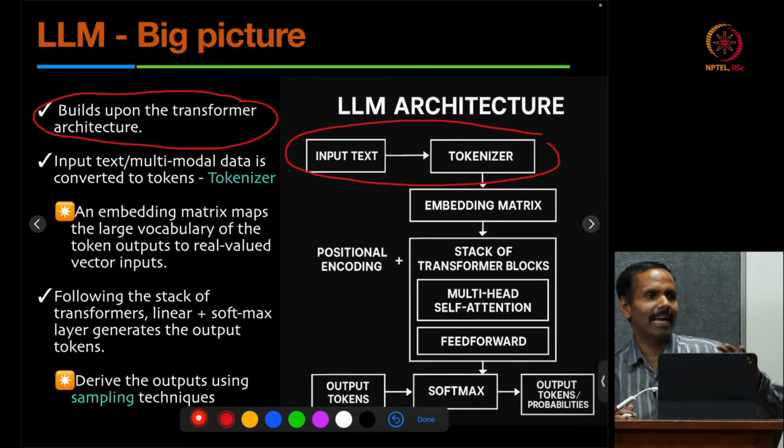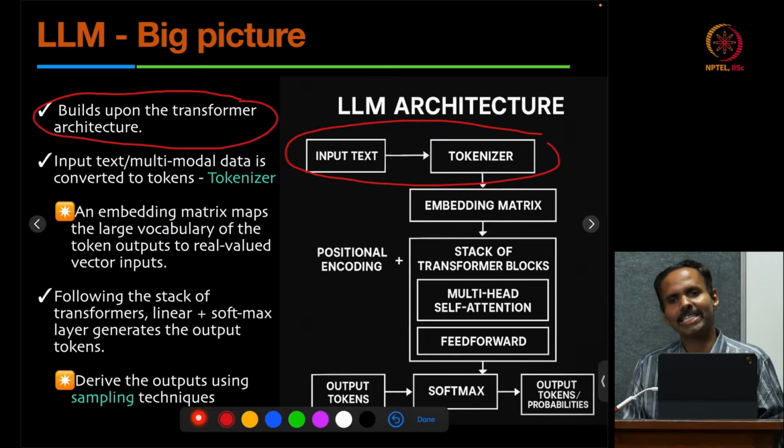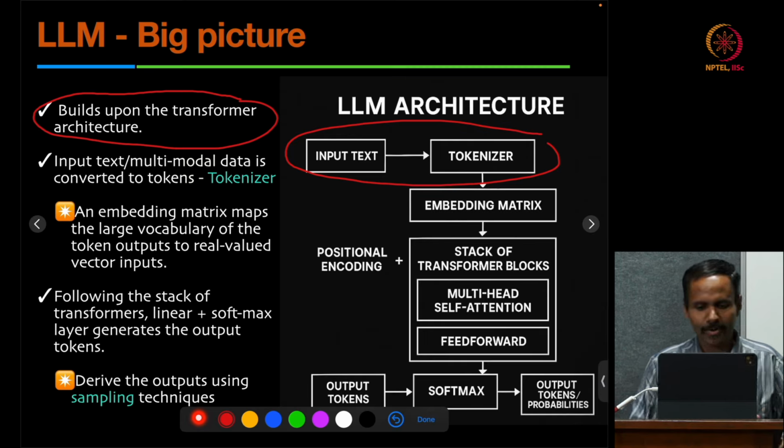I'm going to derive a bunch of these motivations from text and then extend them potentially to other modalities, because this is how the evolution of LLMs also happened: everything drew its attention from the text world and then got extended to many other modalities. So we are also going to follow that route.